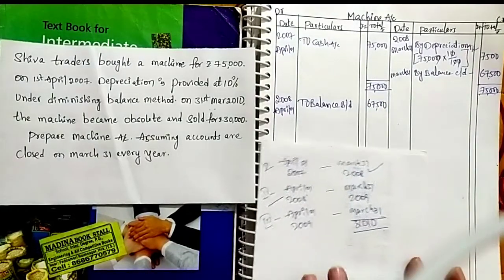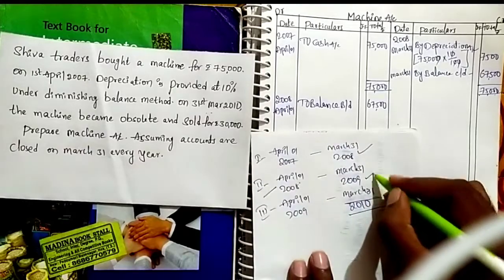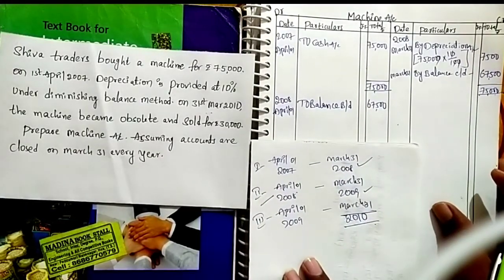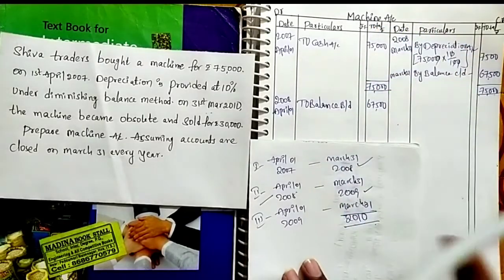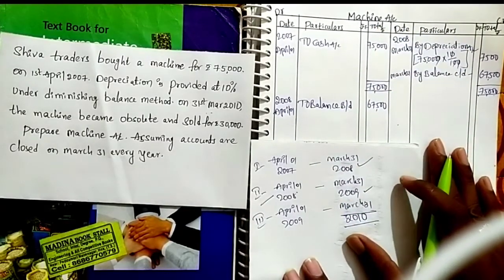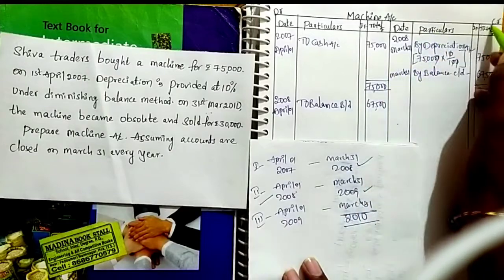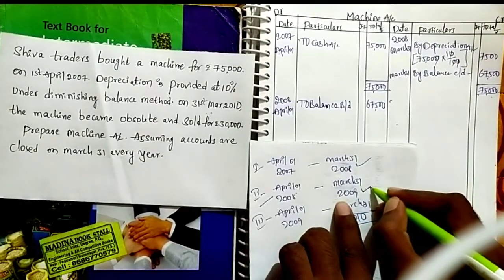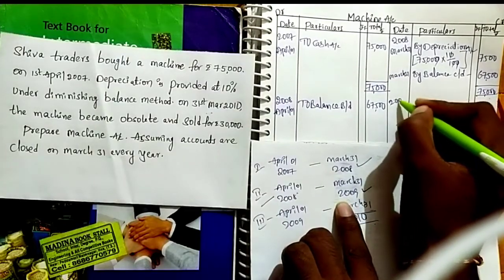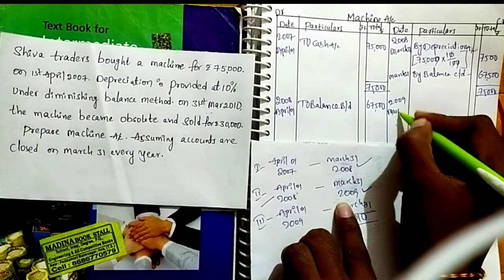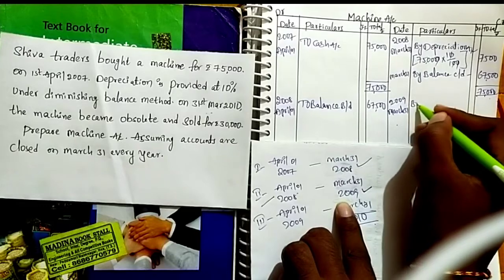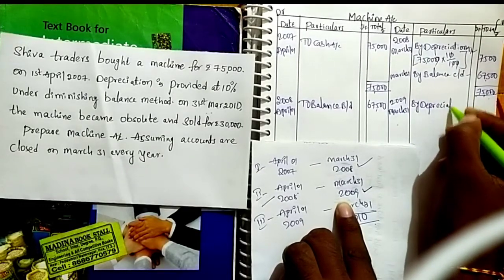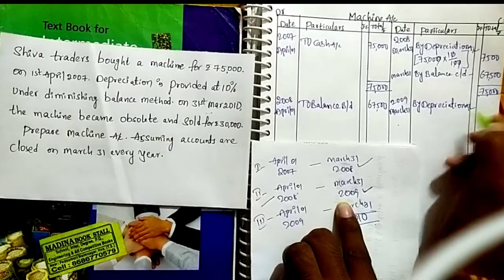67,500. Next, at the end of the second year we also have to provide depreciation. At the time of providing depreciation, the machine value will decrease. When the machine value decreases, the machine account is credited, so we write on the credit side. What is the end of the second year? 2009 March 31st, by depreciation account.